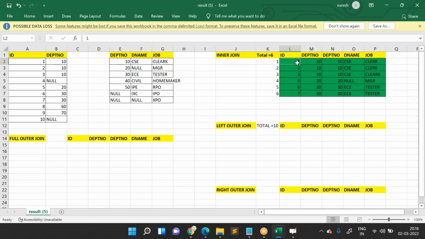Now I am copying the data here as it is. This is the inner join output. Here also we are going to get it.